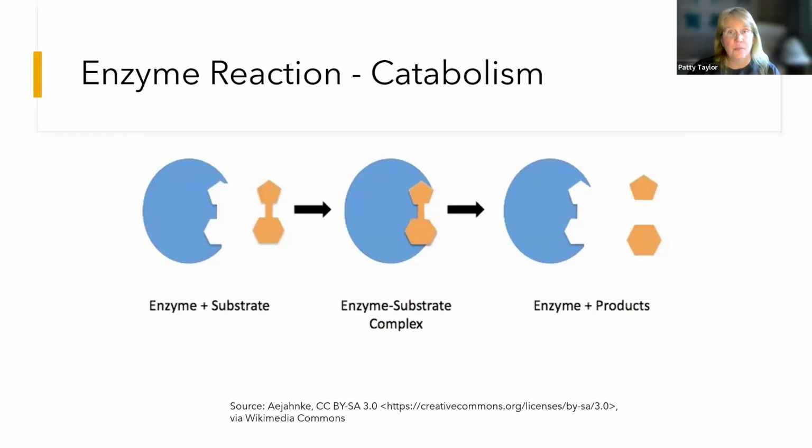So this is a catabolic reaction. Catabolic means it is a breakdown reaction. So here, the enzyme has helped us catabolize or break down that substrate into two products. We can also say the enzyme has helped us catalyze, which means it has helped us speed up this chemical reaction.